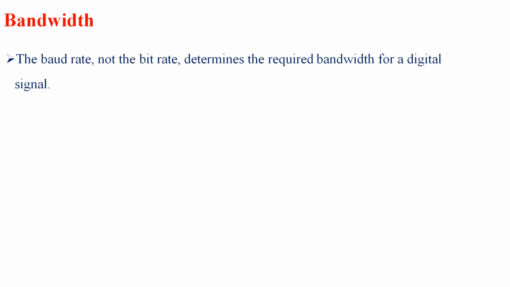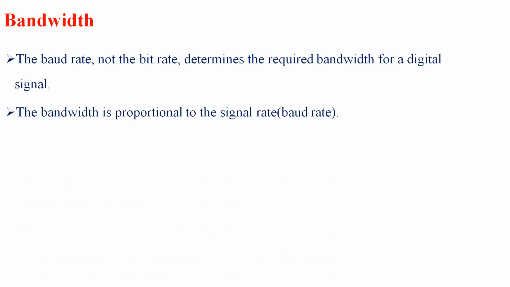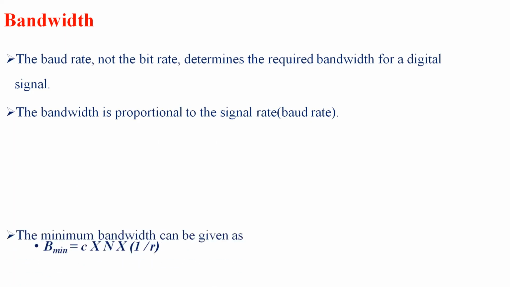So whatever bandwidth is required for a particular digital signal is eventually defined by the baud rate. So the bandwidth is proportional to the baud rate, or the signal rate.